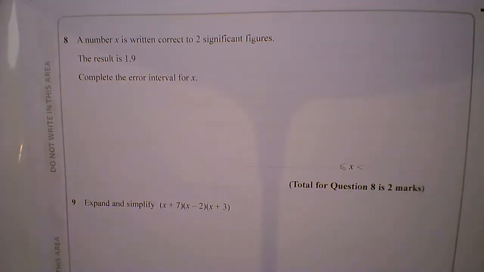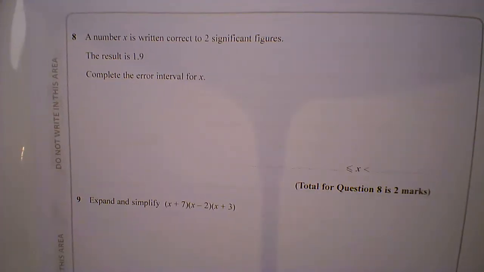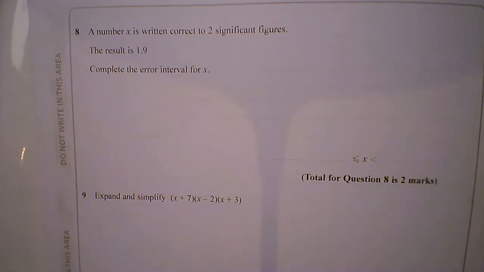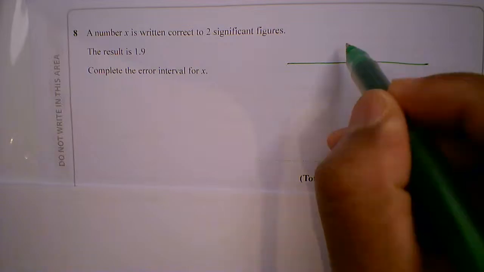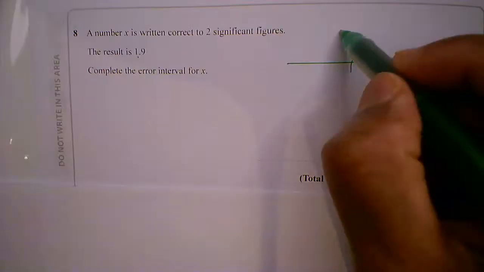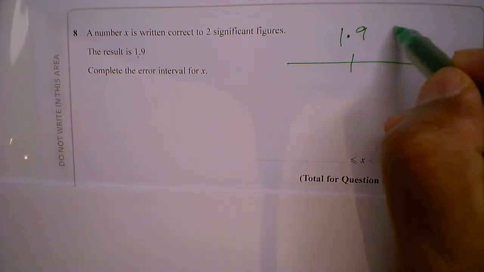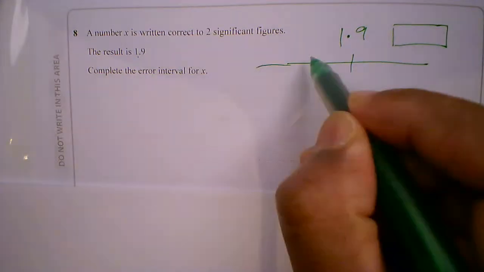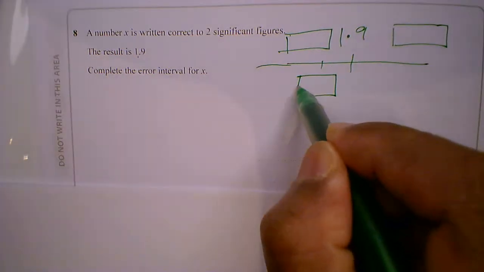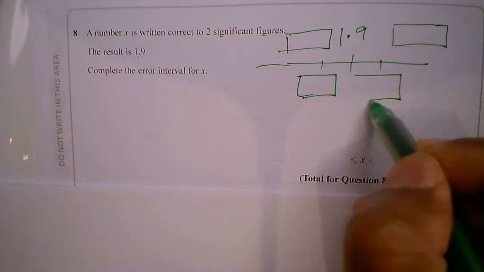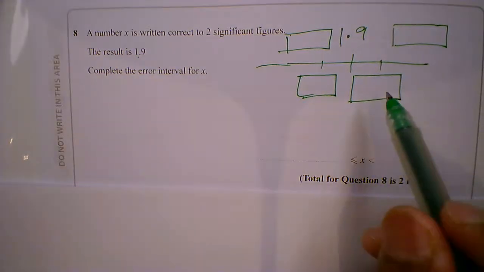Let's get into question 8. Question 8, if you need more time, press pause now. Really important, you follow the framework. We've got 1.9, then we have the next number, the previous number, and then what's in between both of these. All right, so calculator paper, use your calculator.